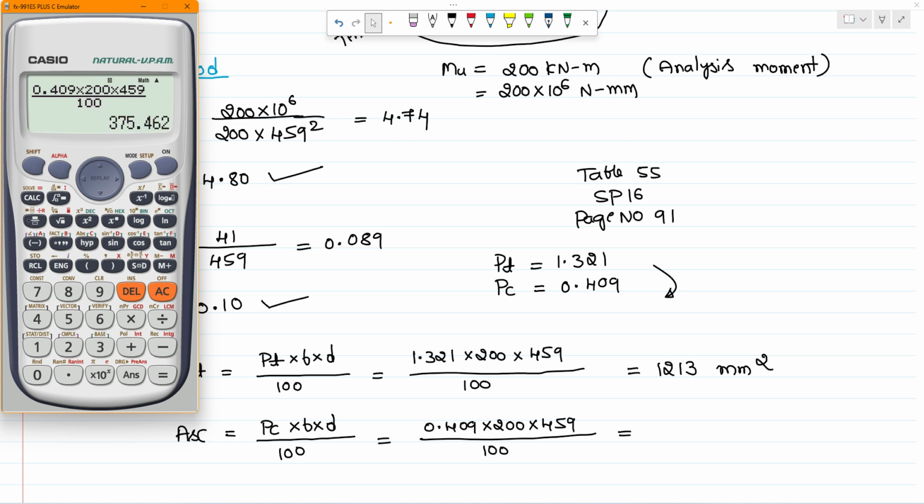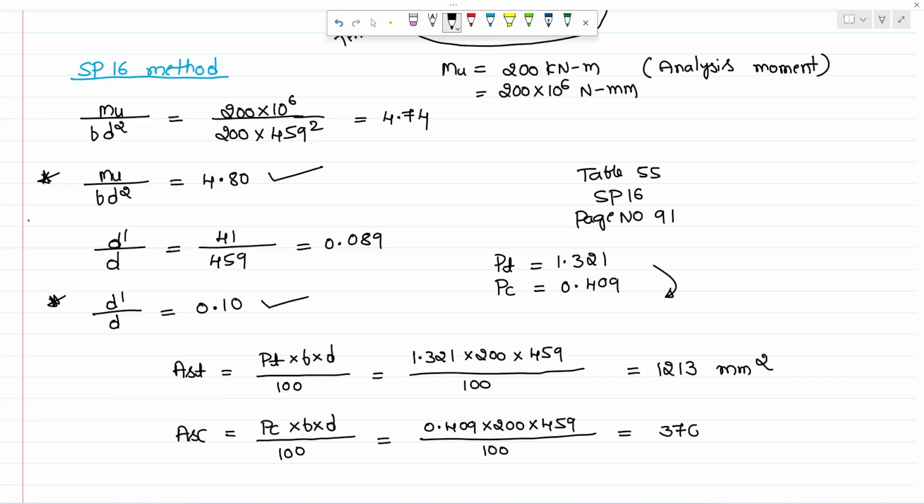So it is 375. I round up to 376 mm square.